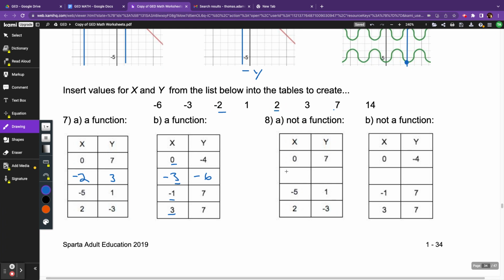If I put a 2 in here, I've got this 2, and I've got this 2. The y values don't necessarily mean anything. Does that make sense? At 17. I know, it wasn't in the list. I'm just making up stuff. We'll put 14. It's good that you're paying attention, but it doesn't really matter what the y values are.